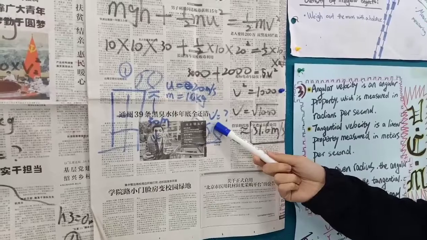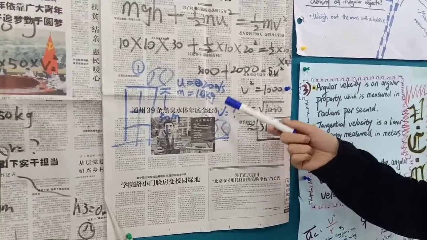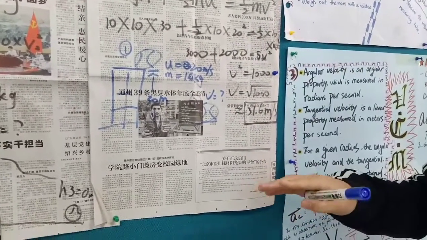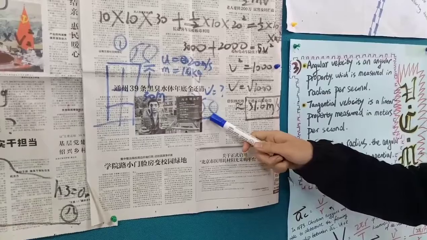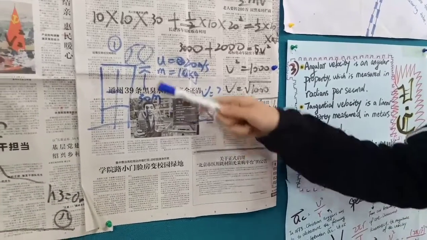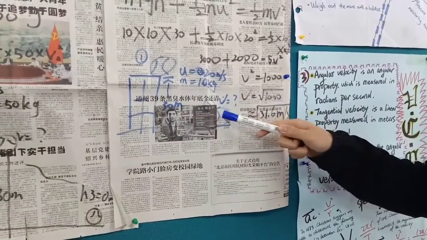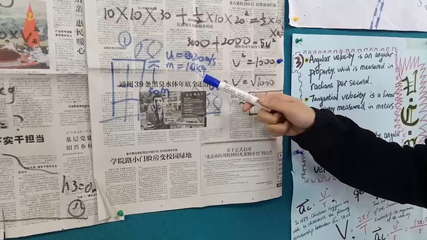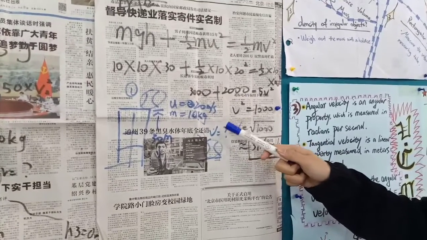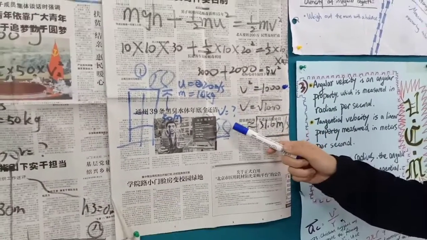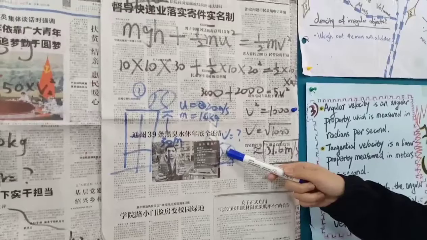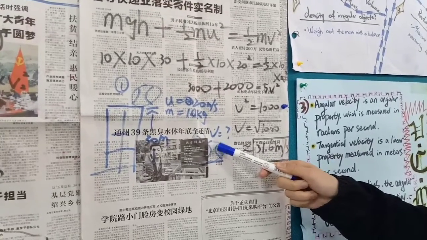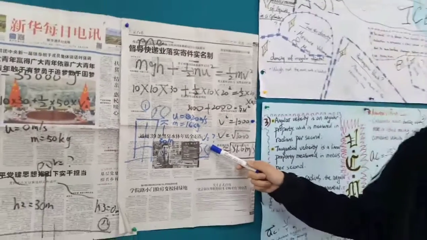In the second position, the ball is almost touching the ground, so it doesn't have height, and the velocity is the largest at this moment. So in this position, it only has kinetic energy.